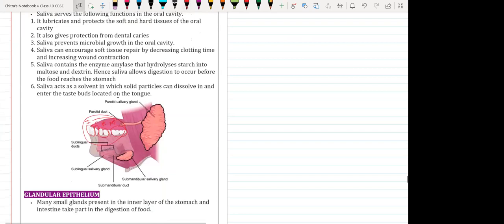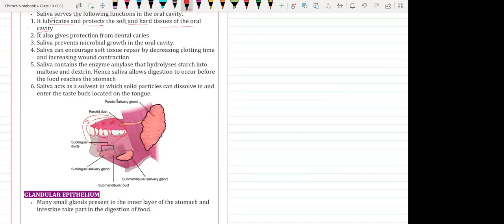So saliva serves the following functions. Number one, it lubricates and protects the soft and hard tissues of the oral cavity.